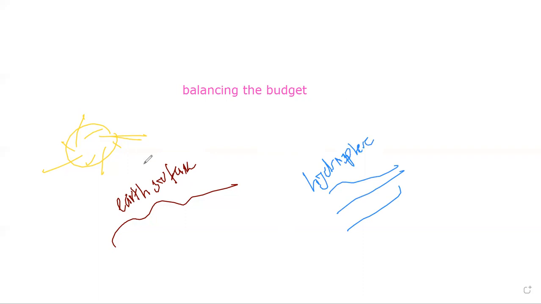So keeping track of all of this, how it is connected, how the energy is transferred into and out of the Earth system, is nothing but an energy budget.